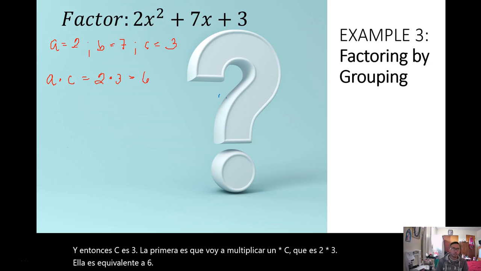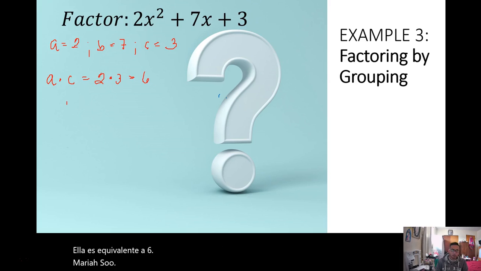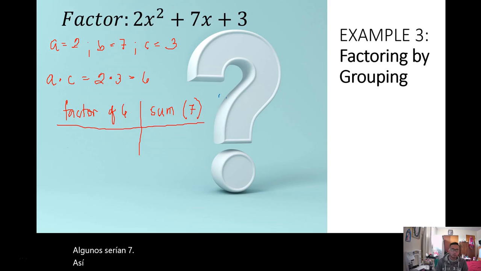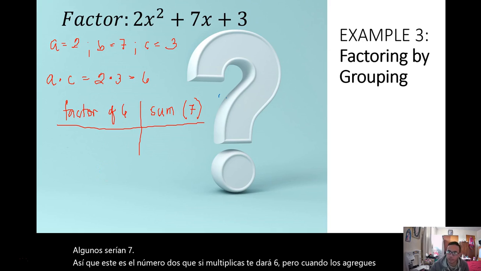All right. So what would be the factors of 6 where the sum would be 7? What are the two numbers that if you multiply will give you 6, but when you add them will give you 7?